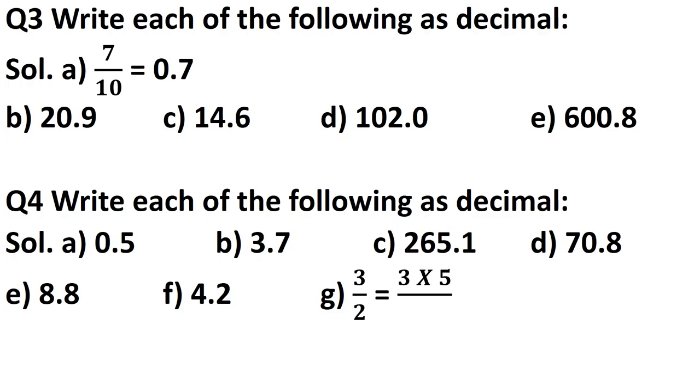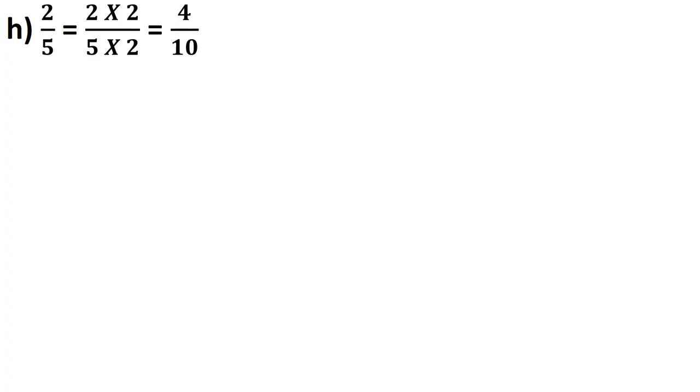First of all we have to convert the denominator into 10, 100 or 1000. So we have multiplied it by 5 first. It is 1.5. Two upon 5, same in this also. Multiplied by 2, numerator and denominator both. It will become 4 upon 10, 0.4.